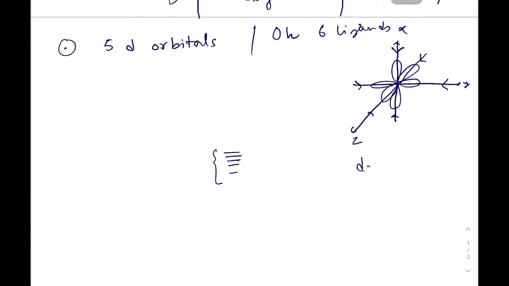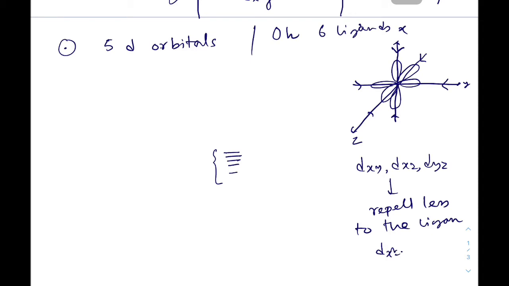Therefore dxy, dxz and dyz, whose lobes are in between the axes, repel the ligands less, because they are not along the axes. But dx square minus y square and dz square are along the axes. Our ligands approach toward the axes, therefore they repel more.